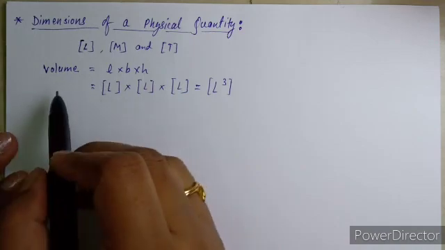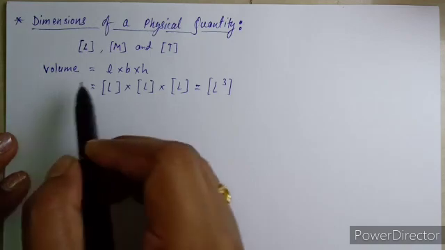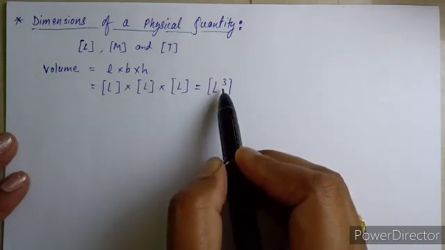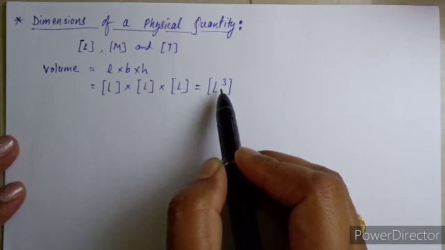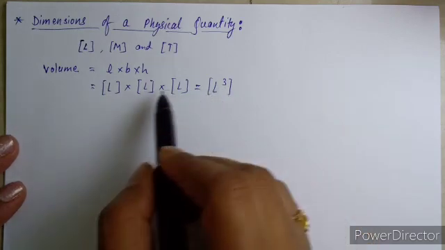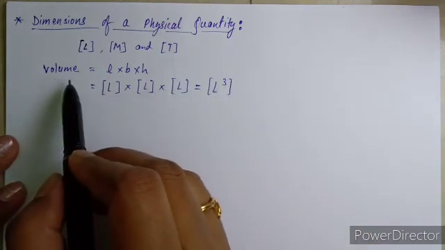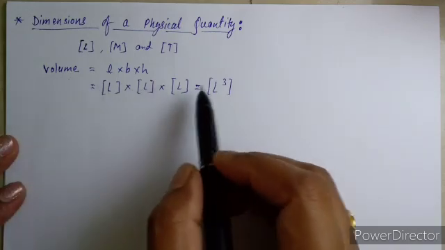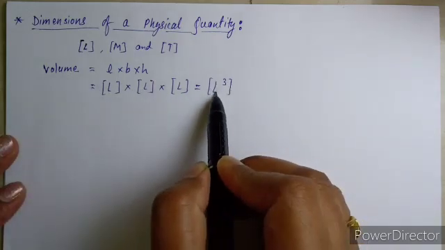Here volume is given by L raised to the power 3. Therefore we can say volume is said to have 3 dimensions in length.